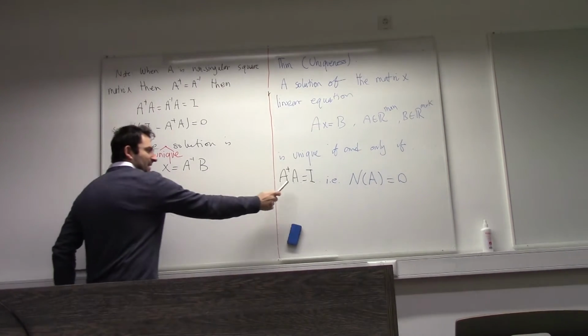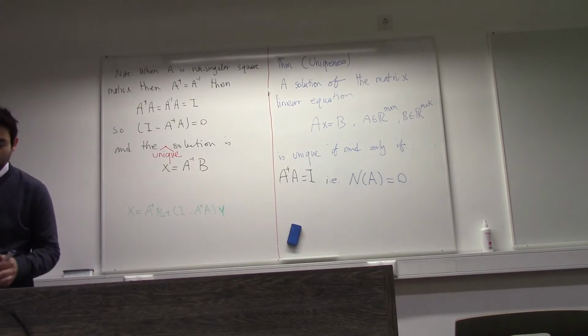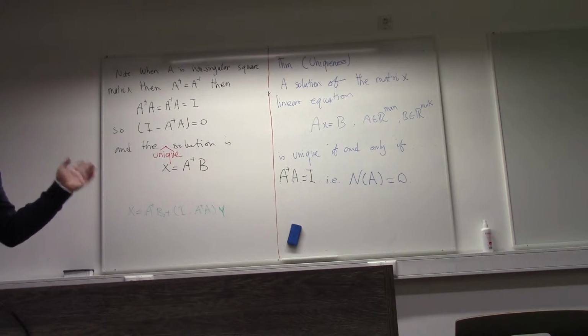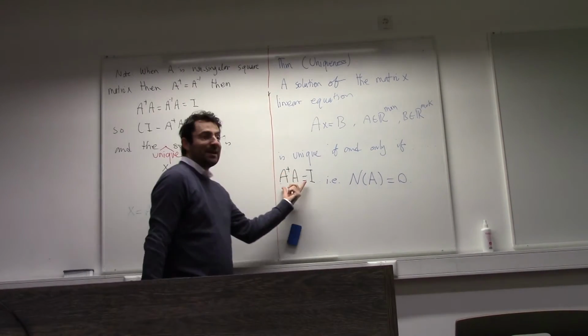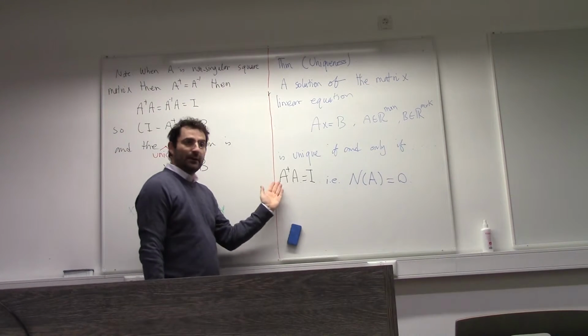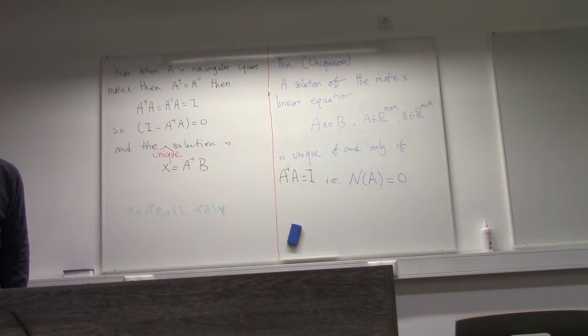And if this is I, this part is 0. When it is a non-singular square matrix, automatically this is satisfied, because then we have A inverse, which is a left and right inverse.